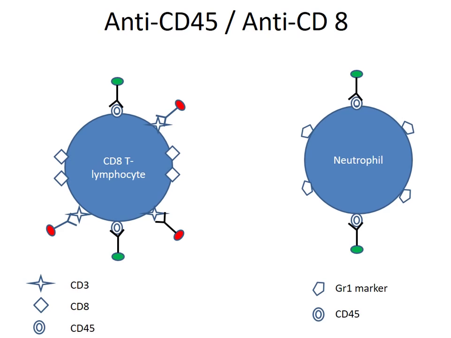We can now distinguish between what's a neutrophil and what's a lymphocyte. The next thing we want to be able to do is distinguish between neutrophils and lymphocytes again. So we'll add an antibody that will bind to a receptor that's unique to neutrophils, GR1. And again, it's a different colour fluorochrome.